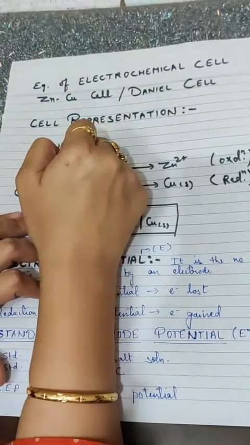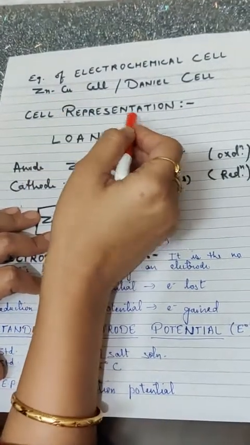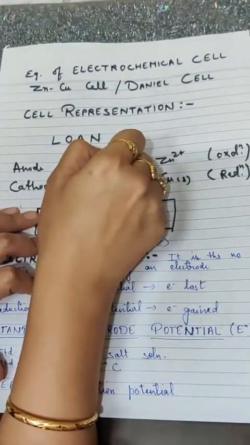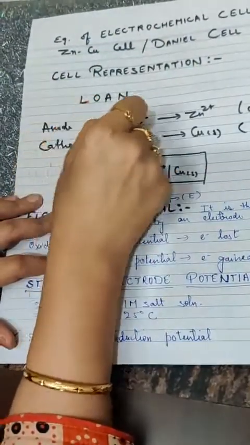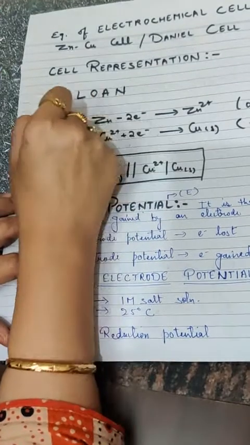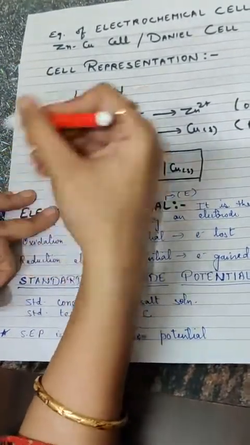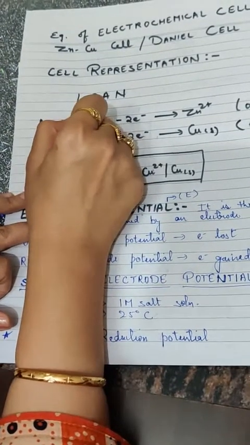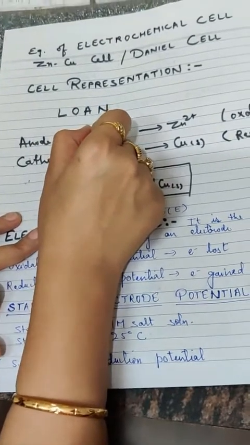I also told you the LONA method of identifying the anode and the cathode if a cell is given to you. Now again, LONA method, what does this stand for? L stands for left, O stands for oxidation, A stands for anode and N stands for negative.